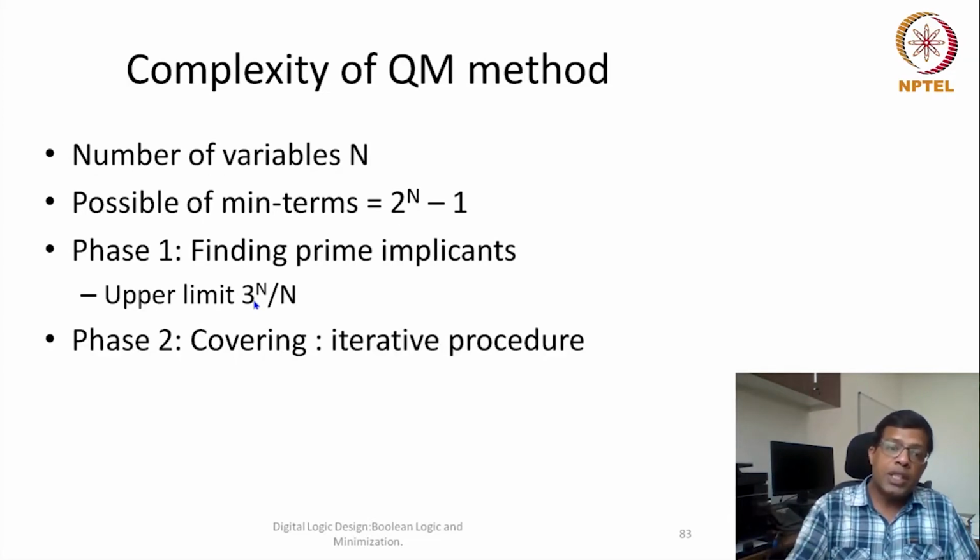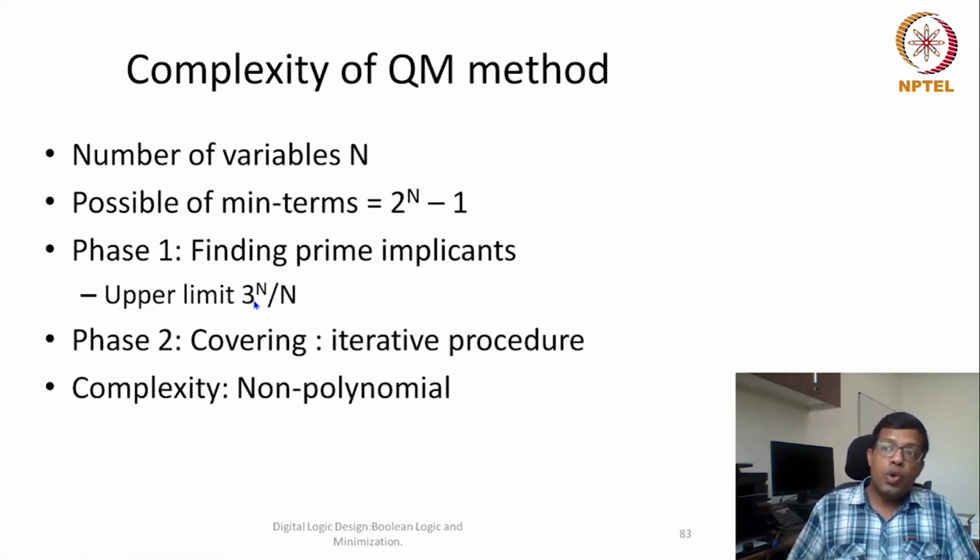What does non-polynomial mean? What is polynomial complexity? Polynomial means your complexity is of the order of n to the power 2, n to the power 3, n to the power 4, n to the power x, where x is a degree.